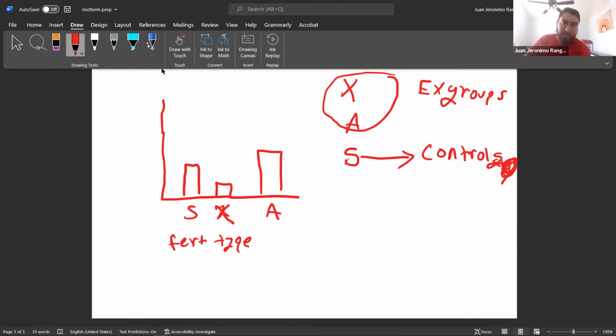So remember, these are the treatments, so this is the independent variable, the dependent variable is on the y-axis. So this would be like plant height in inches or whatever. So yeah, experimental groups and control groups.